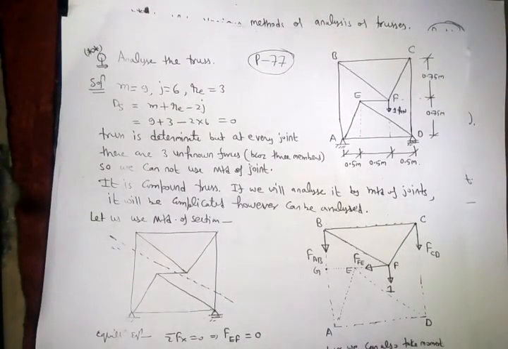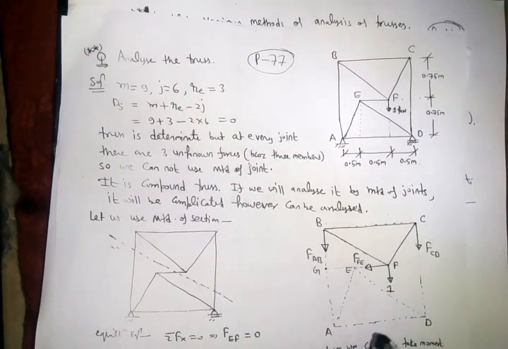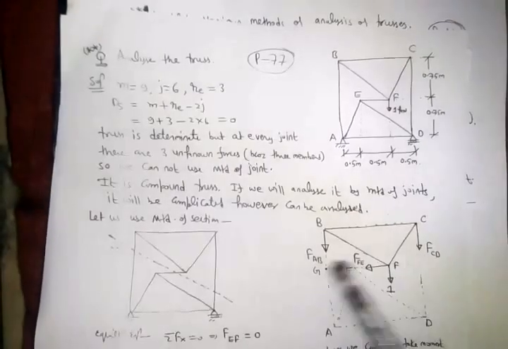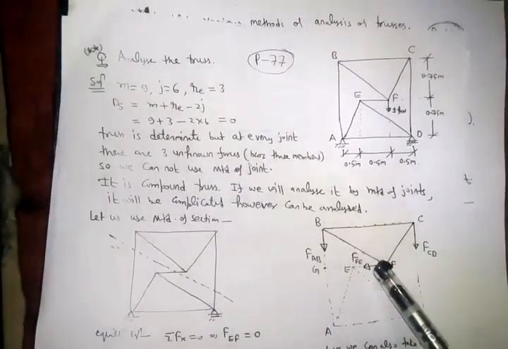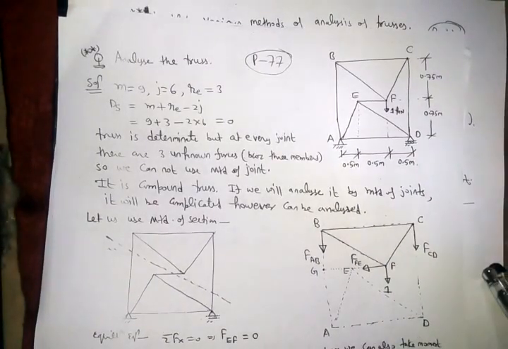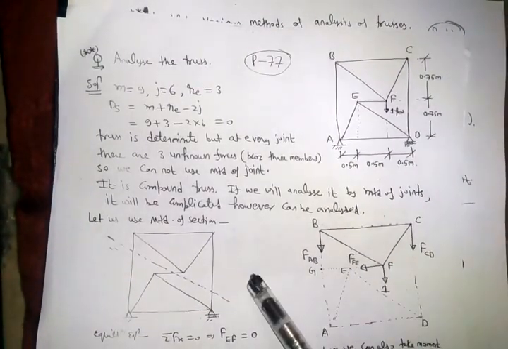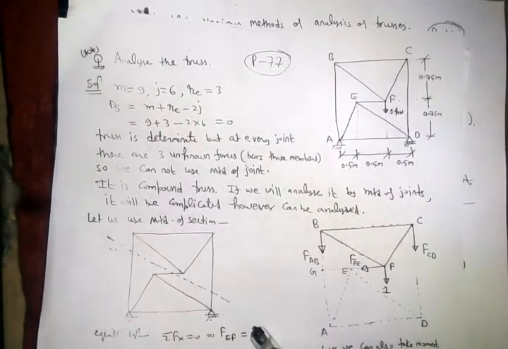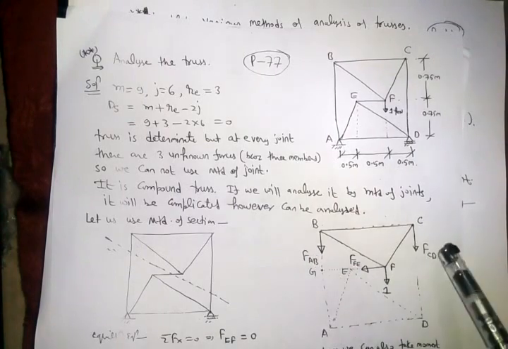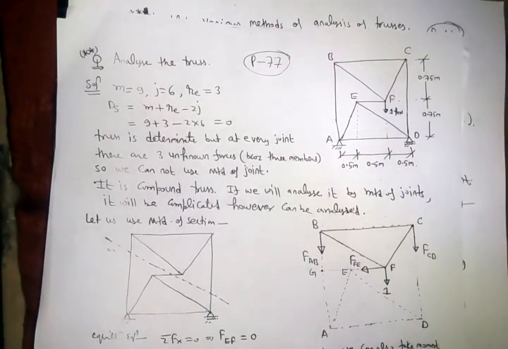I can easily write the equations of equilibrium. If I write summation Fx equal to 0, the force FEF in this direction equals the force in this direction, so FEF equal to 0. Now summation Fy means FAB plus FCD plus 1 equal to 0.